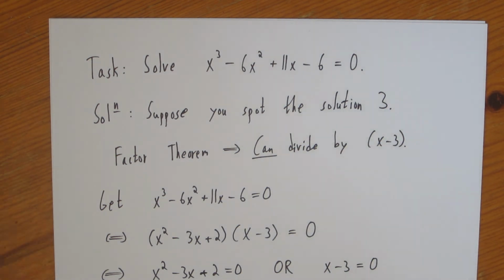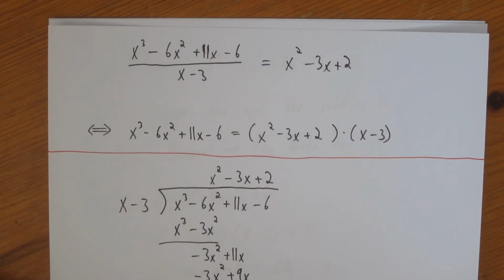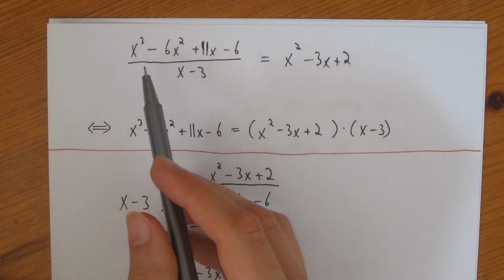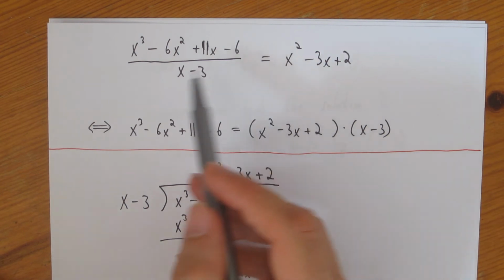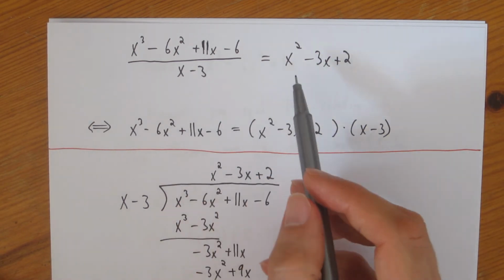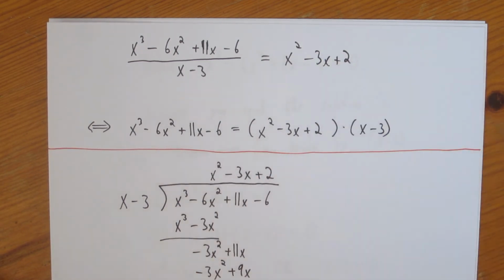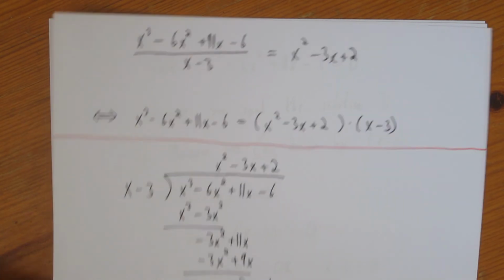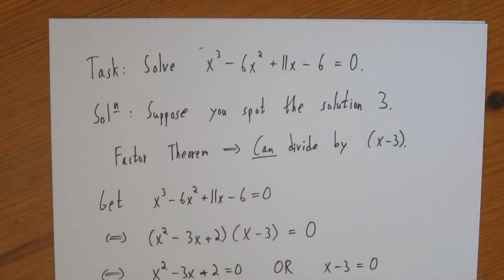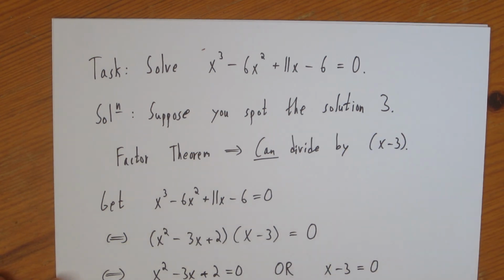So, before we found that x cubed minus 6x squared plus 11x minus 6 divided by x minus 3 was x squared minus 3x plus 2. Okay, so by using this factorization, you can reformulate your equation as saying that the product of x squared minus 3x plus 2 and x minus 3 should be 0.